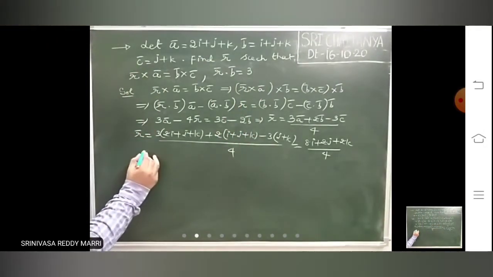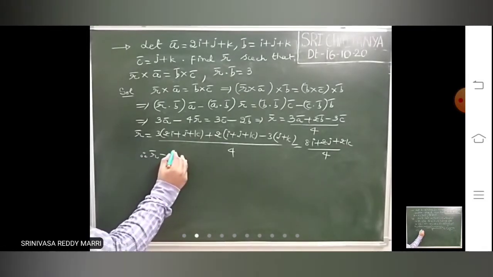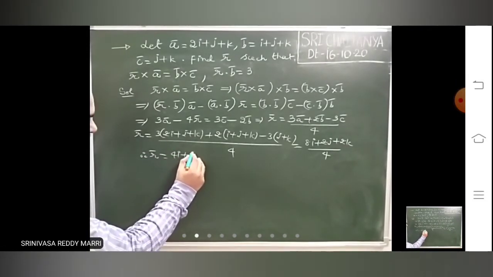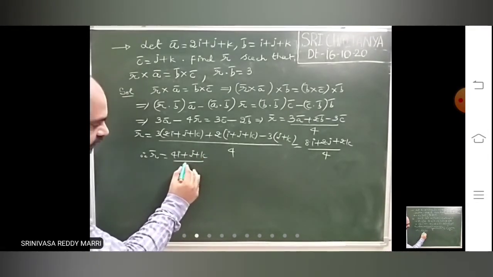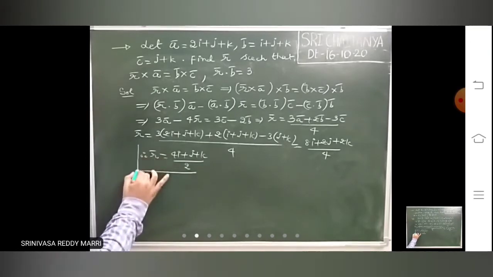Therefore the required vector is R bar equals 4i plus j plus k divided by 2. This is the required vector.